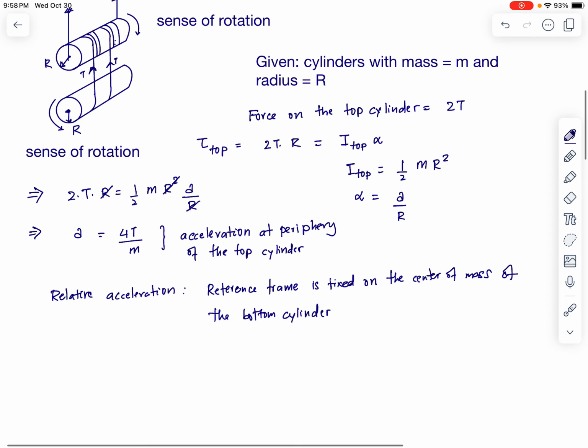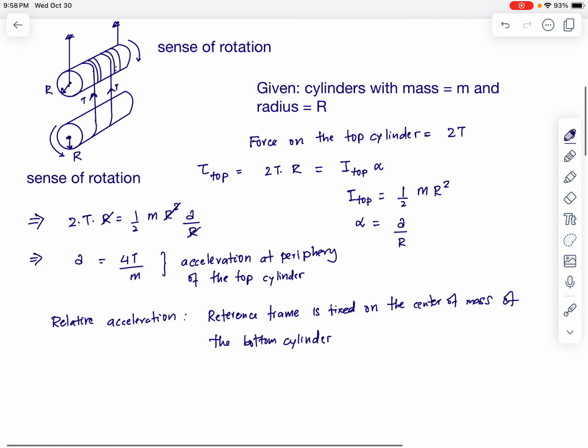When we do that, the relative linear acceleration is found using the same formalism that we used here.